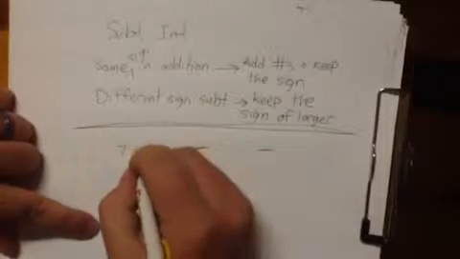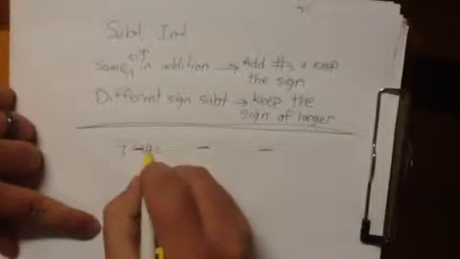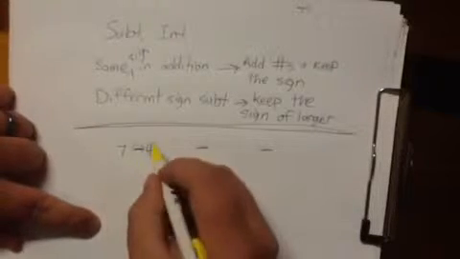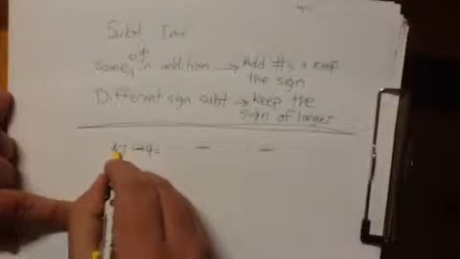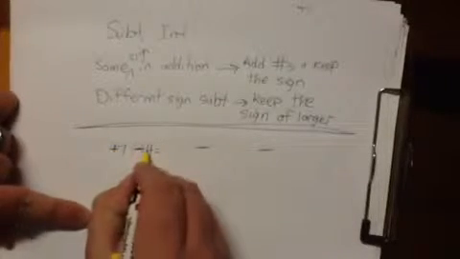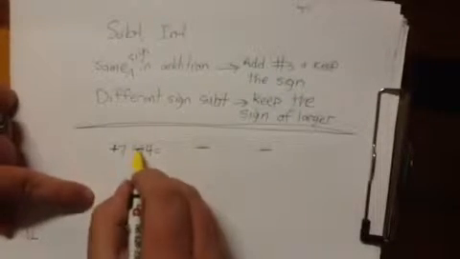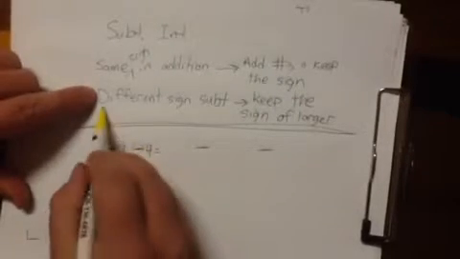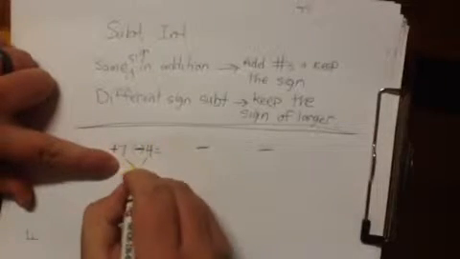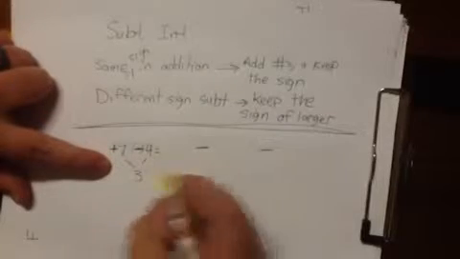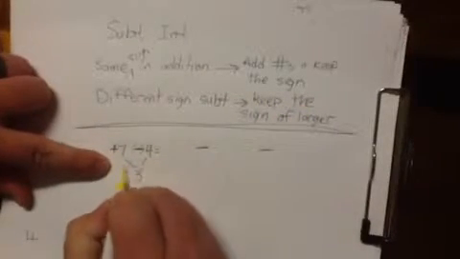Clearly understand that this sign right here goes with the number that's in front of it. So essentially this is a positive 7 being combined with a negative 4. The signs are different, therefore you subtract the numbers and get 3 and keep the sign of the larger, which is positive. So our answer is positive 3.